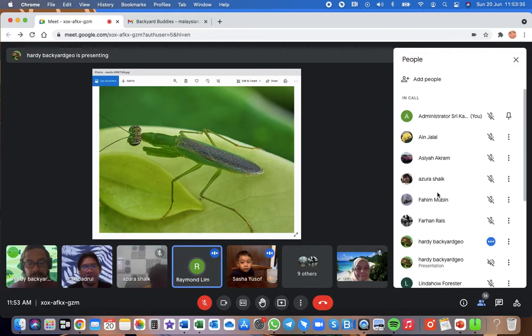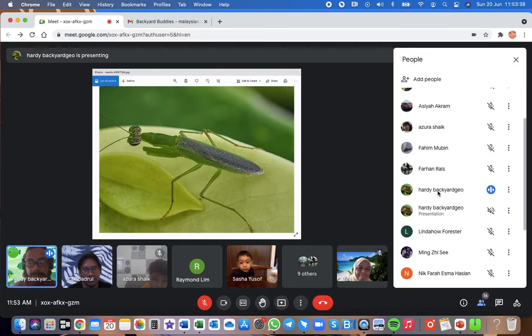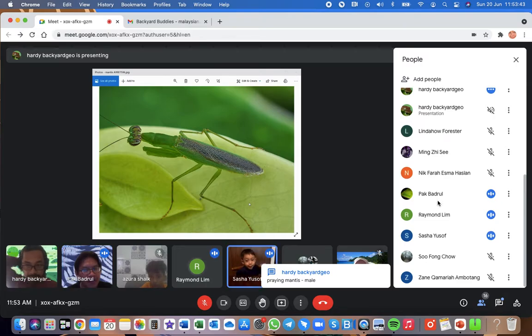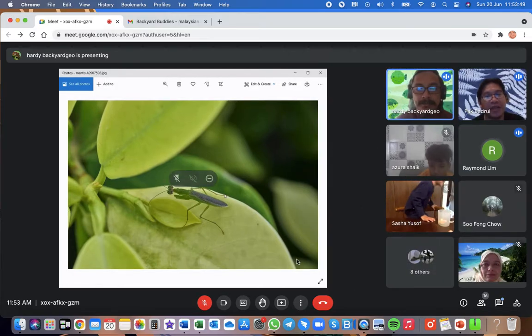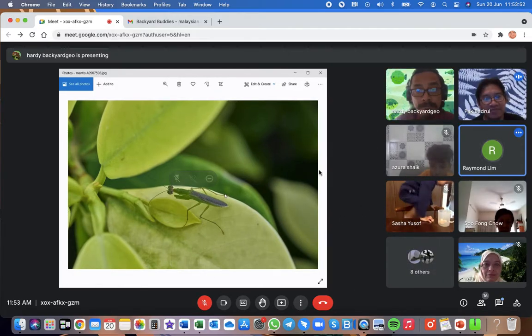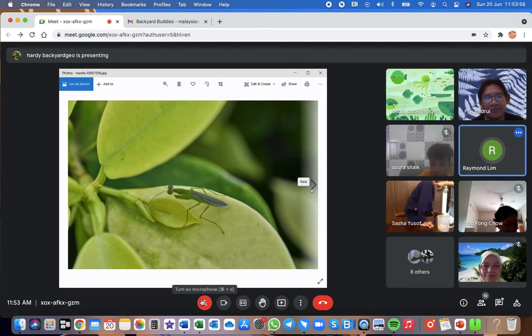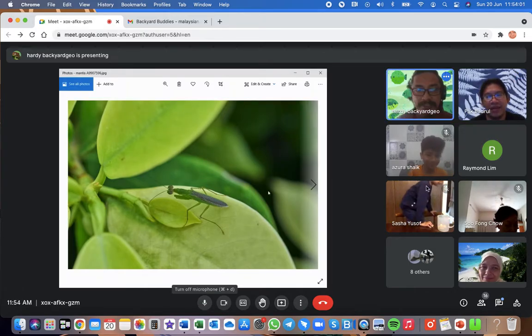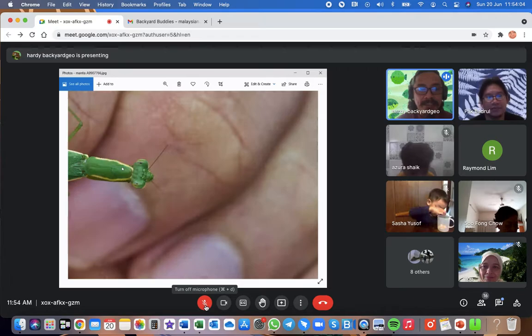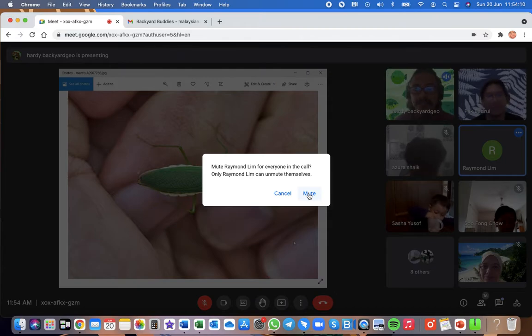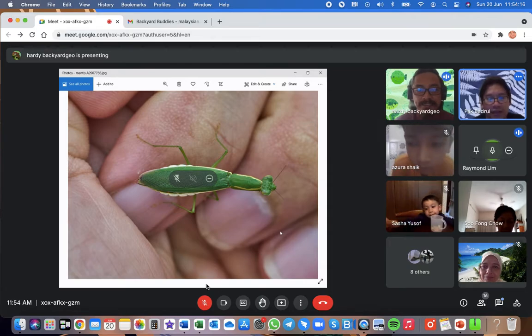It's like praying, and it preys on insects as well. This is a male. Okay, I'll show you the female. This is the female of the same species. Is it a good one? Yes, it's our friend, our buddy.